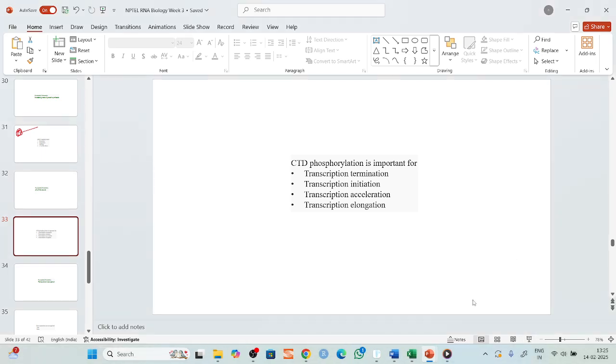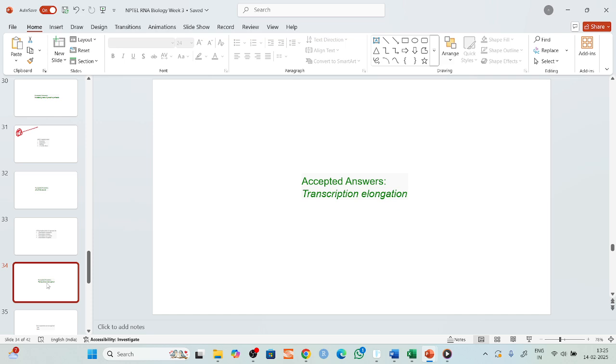So CTD phosphorylation is important for transcription elongation.